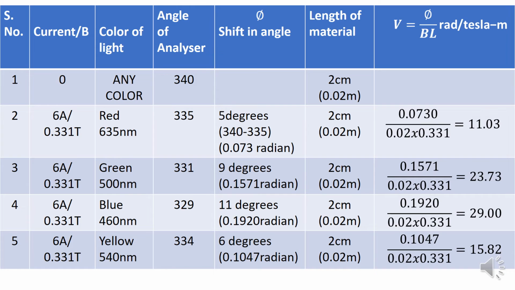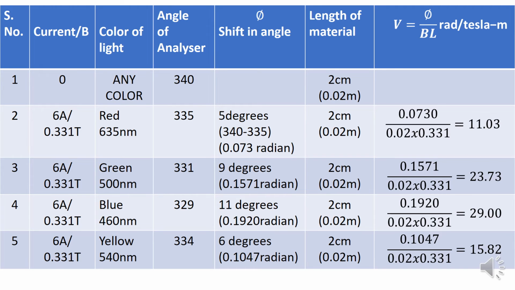We take 0 ampere here, 6 ampere here. Accordingly, the magnetic field is this one. The red color is there, right? For the angle of analyzer, it is 342 to 335. So the shift you can see is 5 degree or 0.073 radian, and this is the length of the material, whatever the fixed length is there.